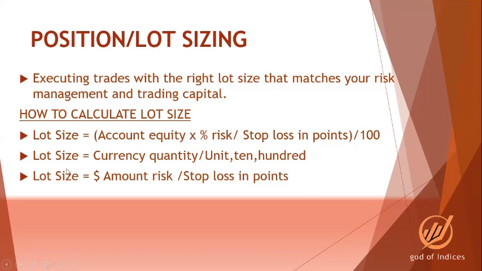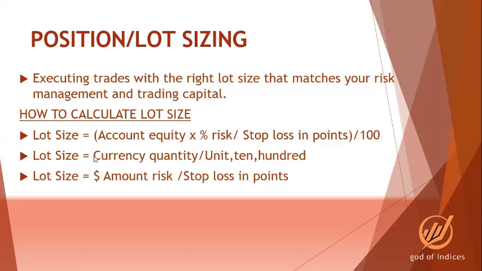I do it manually right now. So there are three ways I'm going to be teaching you guys how to do this, right? One is by this first formula. Second is your currency quantity, divided by the units, in 1,000, 10,000 or 100,000. I'll explain this.